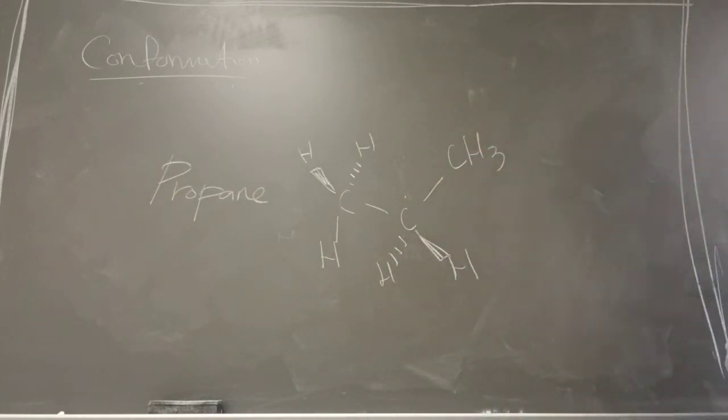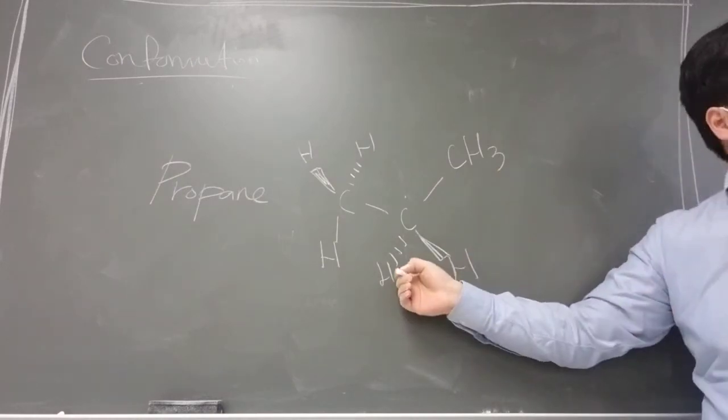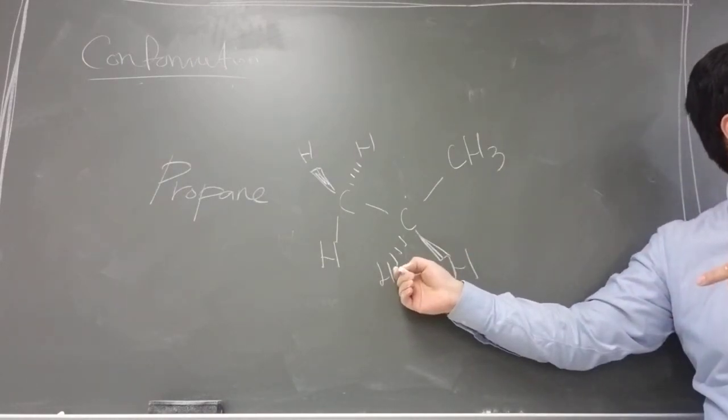So it looks like this. Do you know what the wedge and the dotted lines mean?